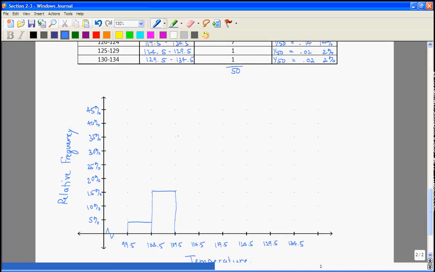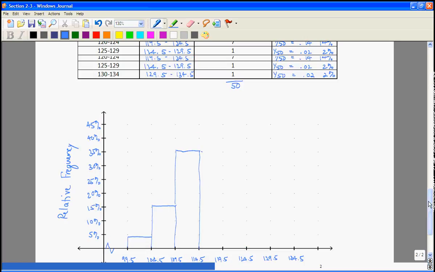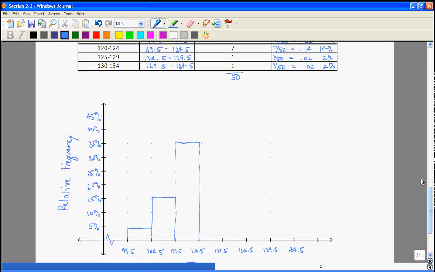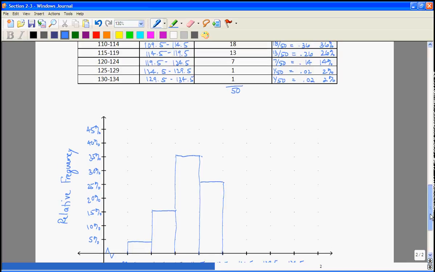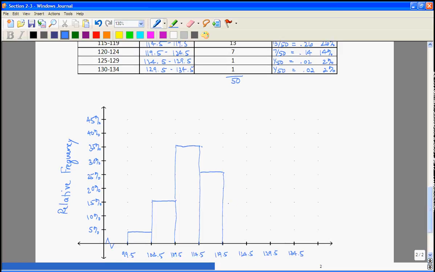And then 36%, then 26%, 14%, and 2% for the last two classes.